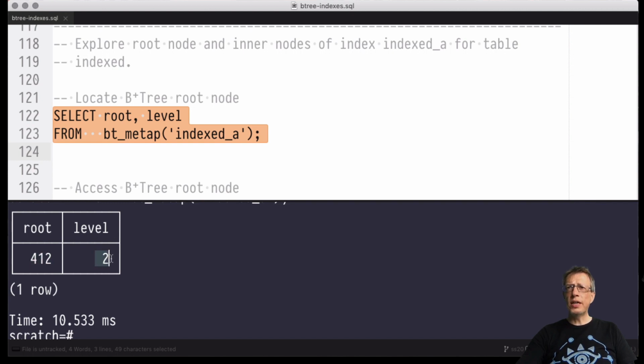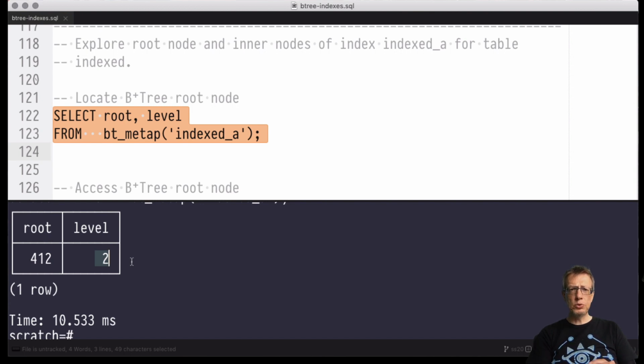It's located at level 2. So if you recall, all the leaf nodes were located at level 0. The root is located at level 2. This is the B+Tree of depth 2, which is to be expected, I would say.